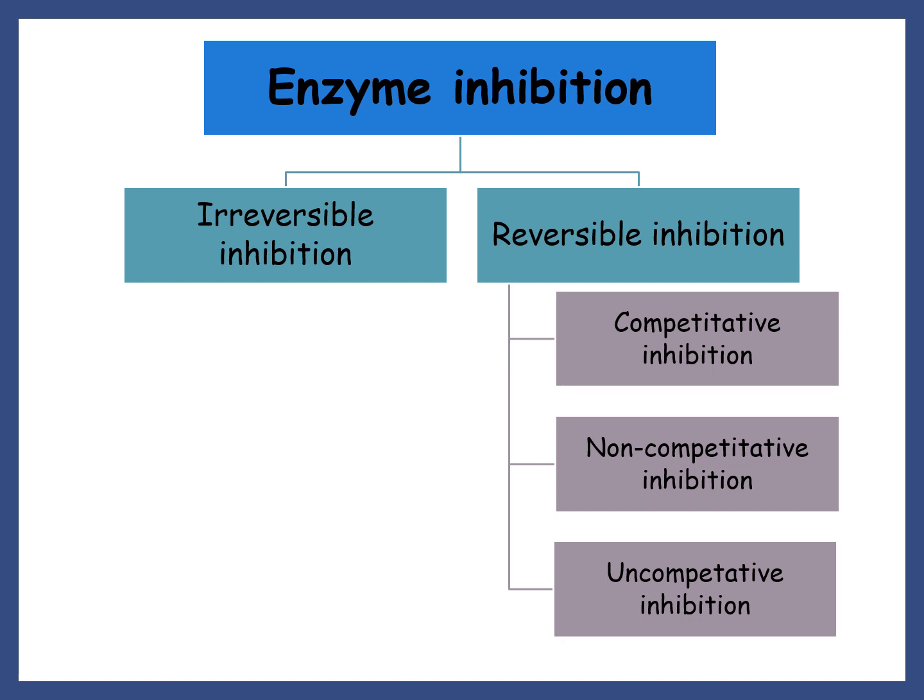Enzyme inhibition can be divided into two broad categories: irreversible inhibition, where the enzyme is permanently inhibited, and reversible inhibition, in which the enzyme can restore its activity. Reversible inhibition includes competitive, non-competitive, and uncompetitive inhibition, and we'll go into detail on each one of them in coming slides.